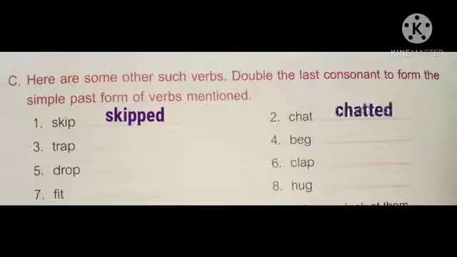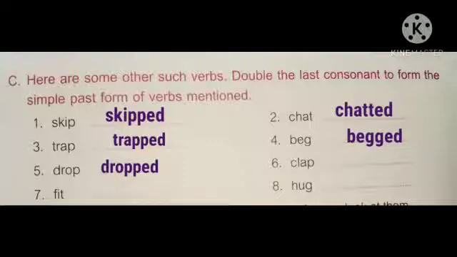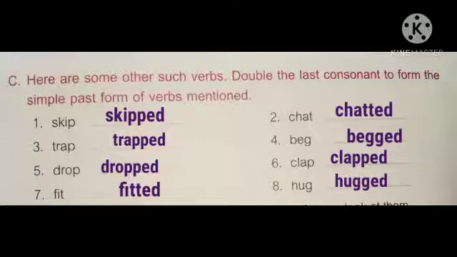Second, chat, chatted. Third, trap, trapped. Fourth, beg, begged. Fifth, drop, dropped. Sixth, clap, clapped. Seventh, fit, fitted. Eighth, hug, hugged. So these are some verbs which we have changed into simple past tense.